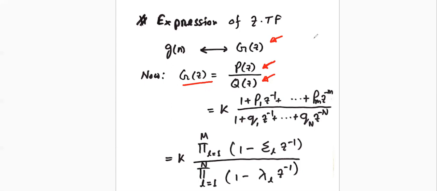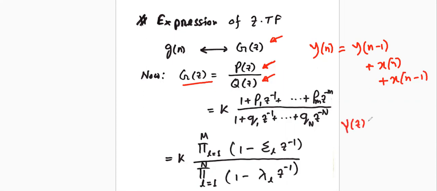For example, a simple example: y[n] equals y[n minus 1] plus x[n] plus x[n minus 1]. If we go for the Z transform, Y(z) equals z to the power minus 1 Y(z) plus X(z) plus z to the power minus 1 X(z).